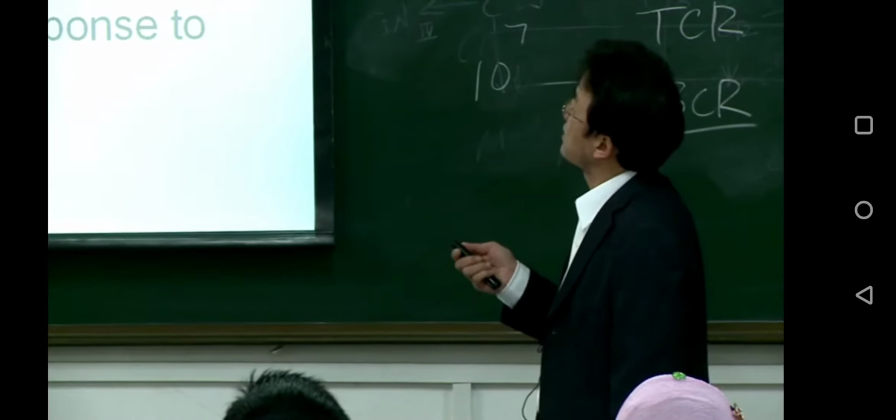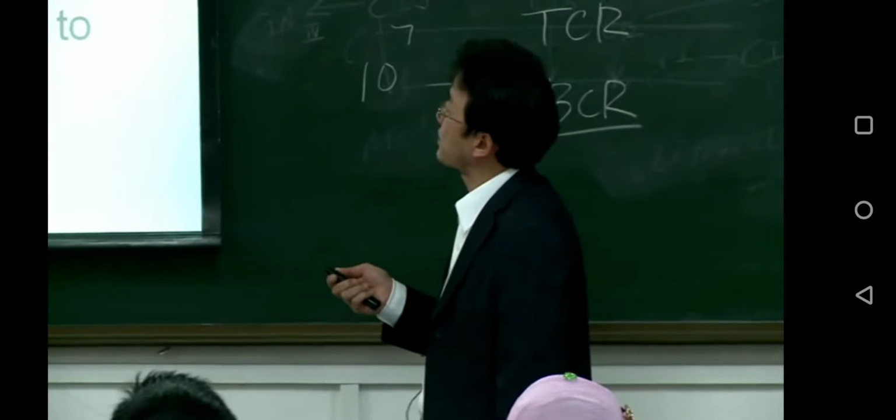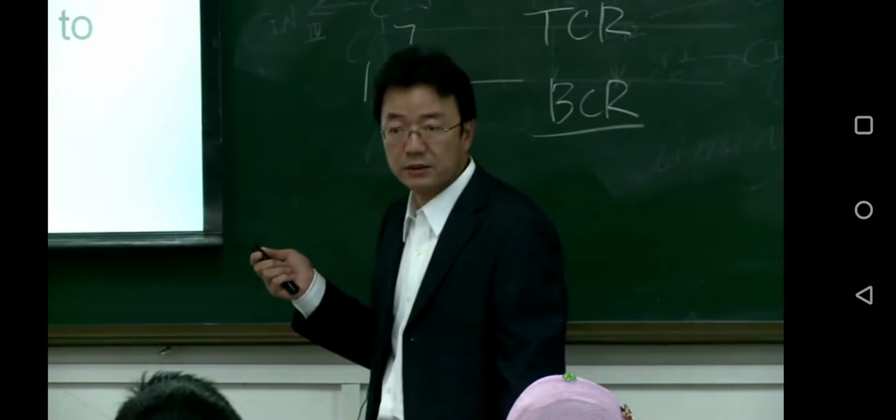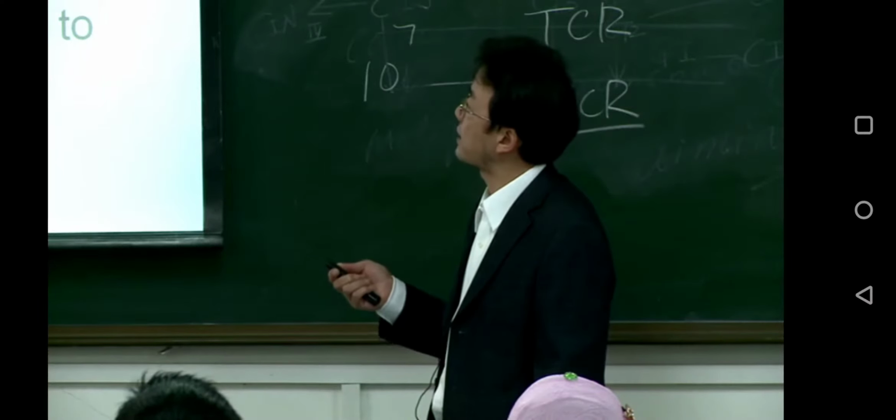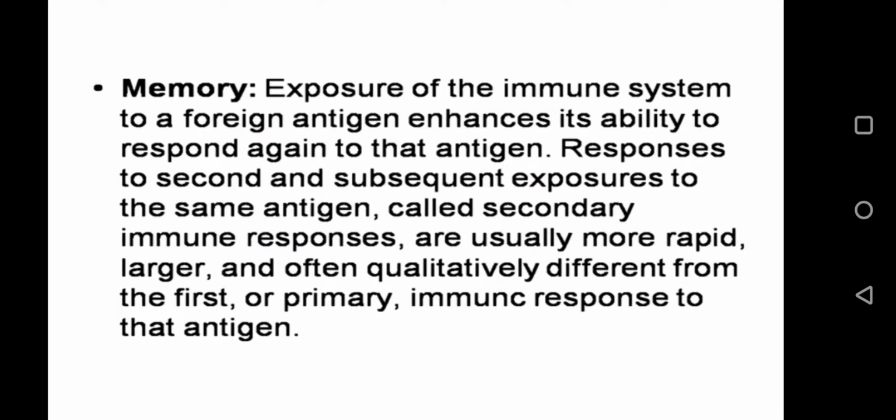So exposure of the immune system to a foreign antigen enhances its ability to respond again to that antigen. Responses to second and subsequent exposure to the same antigen we call secondary immune response, and are usually more rapid, larger, and often qualitatively different from the first or primary immune response to that antigen.